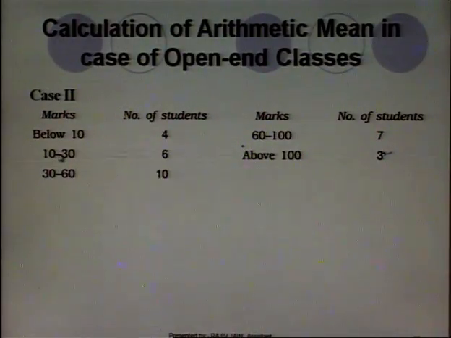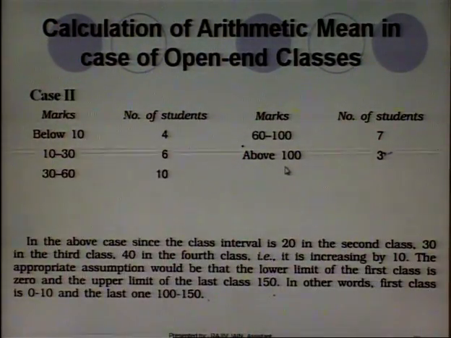You see, here is 10 to 30, the length of interval is 20, 30 to 60, length of interval is 30, 60 to 100, that is 40. Now you see, in the above case, since the class interval is 20 in the second class, 30 in the third class, 40 in the fourth class, it is increasing by the value 10.